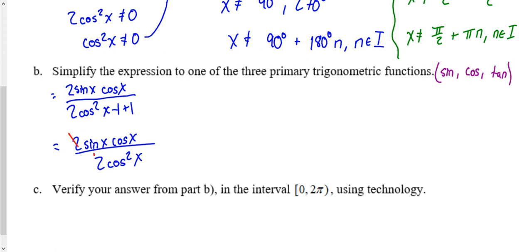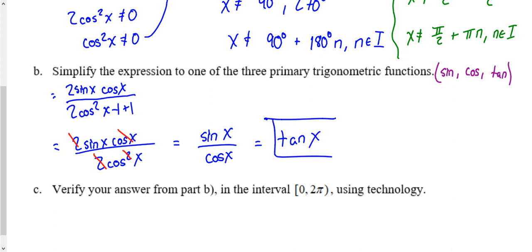You can cancel 2 with 2, and this cosine x with that squared, because we'd have two coses, so then we're just left with this. So overall we have sine x left over in our numerator, cos x in our denominator. And there we go. This, sine over cos, is the same thing as tangent x, one of the three primary trig ratios. And that's our final answer.